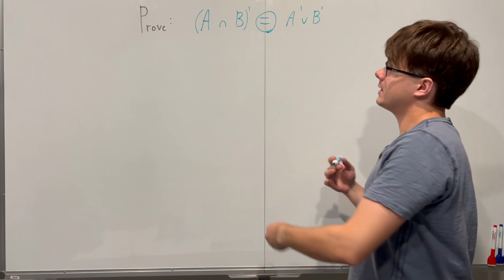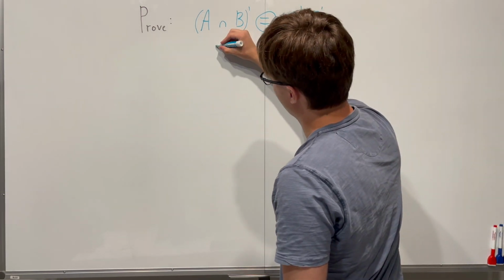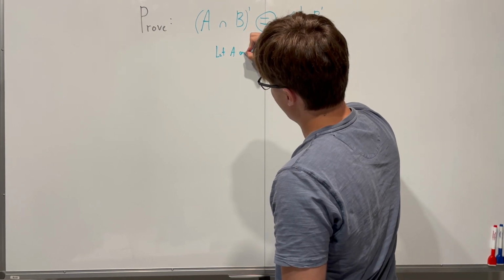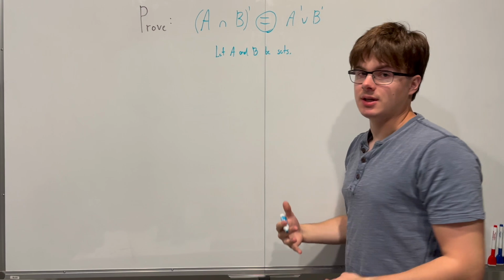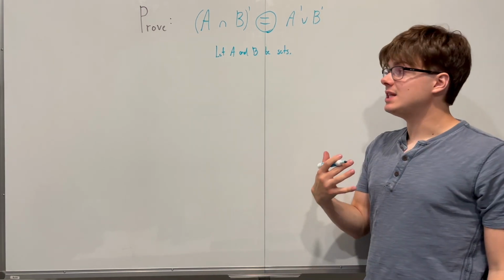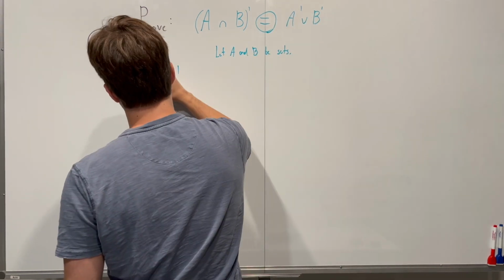To start off with, this is going to be a for-all proof because we're looking at any sets A and B. So we start by saying, let A and B be sets. Fantastic. Now the reader knows what it means when we refer to A and B. Now we can start by proving our first case.